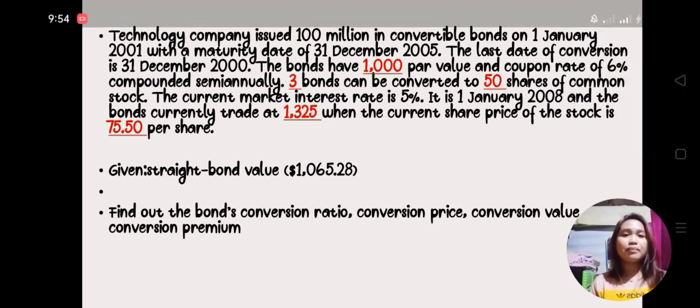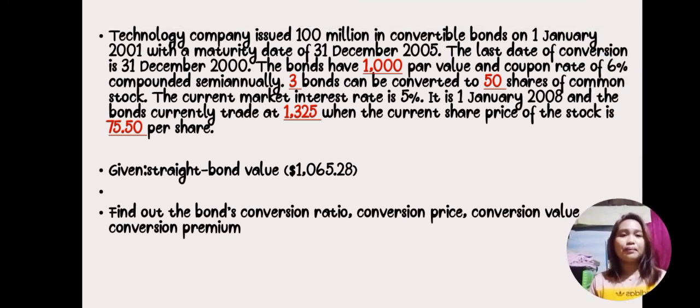Another example: a technology company issued 100 million in convertible bonds on 1 January 2001 with a maturity date of 31 December 2005. So the last date of conversion is 31 December 2005.